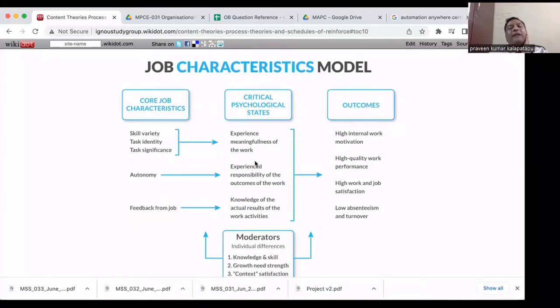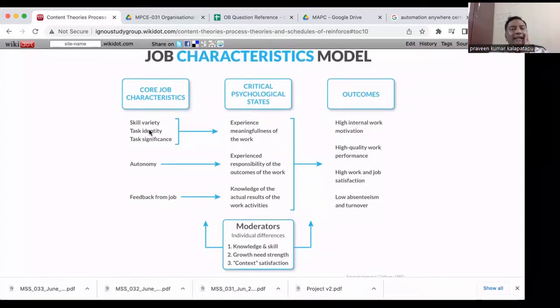You will have the responsibility of the outcome only when you have the autonomy. Similarly, if you have feedback from the job, then only you will get knowledge of actual results. If you have these three psychological states, that is, you know this work is meaningful, you have the responsibility of doing it, and you have knowledge of what is actually going to come out of it, then these outcomes will follow.